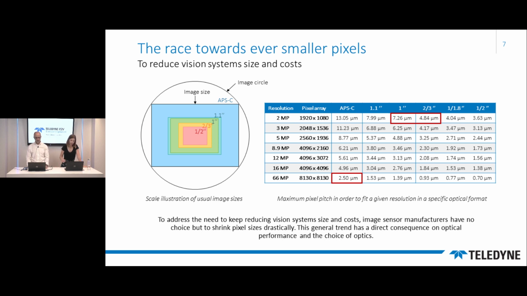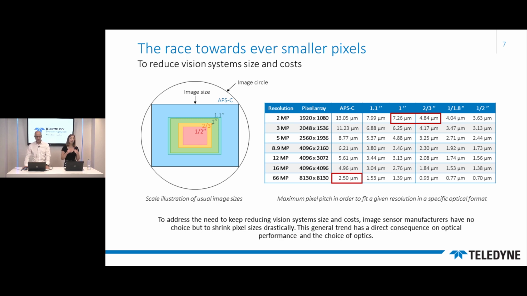So you can see that if I went from an APS-C type of lens to a C-mount type of lens, I can significantly reduce the size and in fact the cost of my system. And same if I had to switch from a C-mount going down to an S-mount for equivalent parameters.